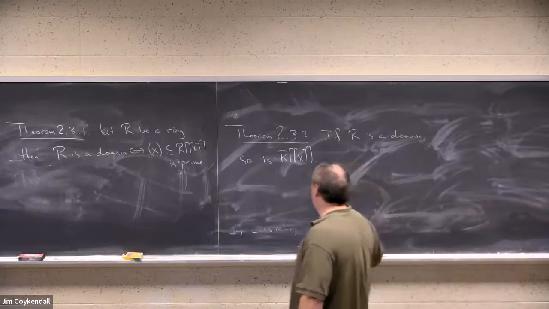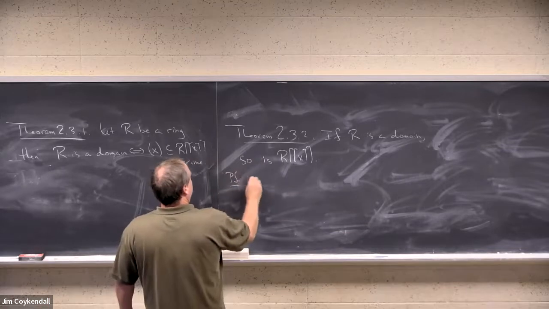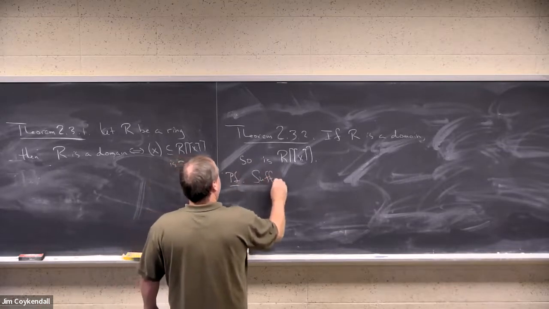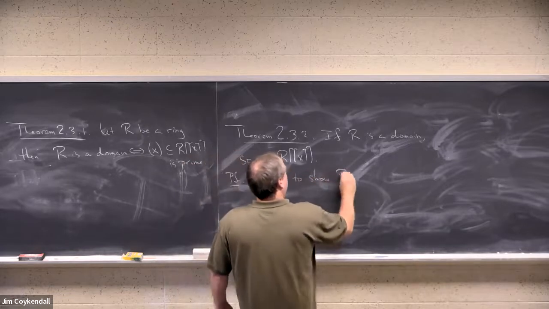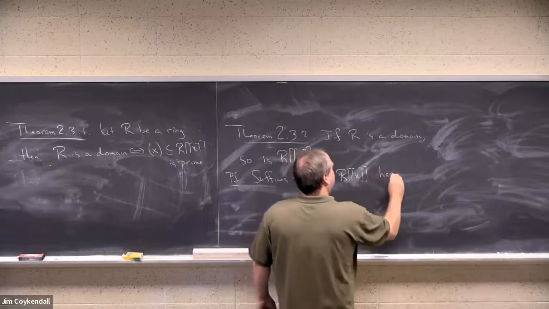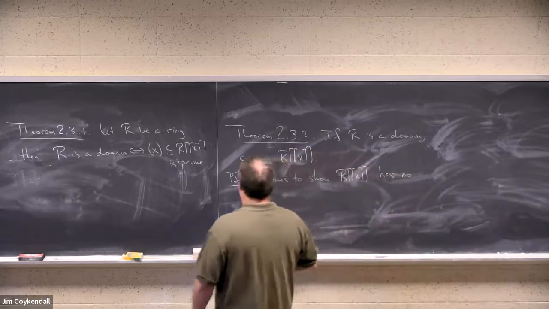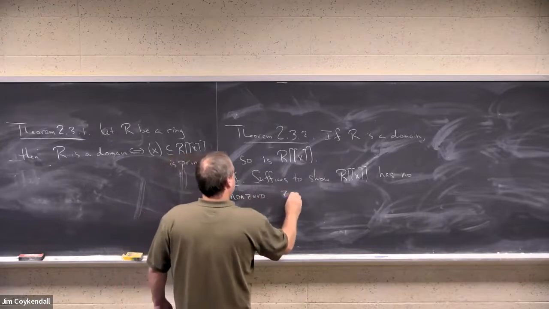Really what we need to do is, it suffices to show that R[[x]] has no non-zero zero divisors.